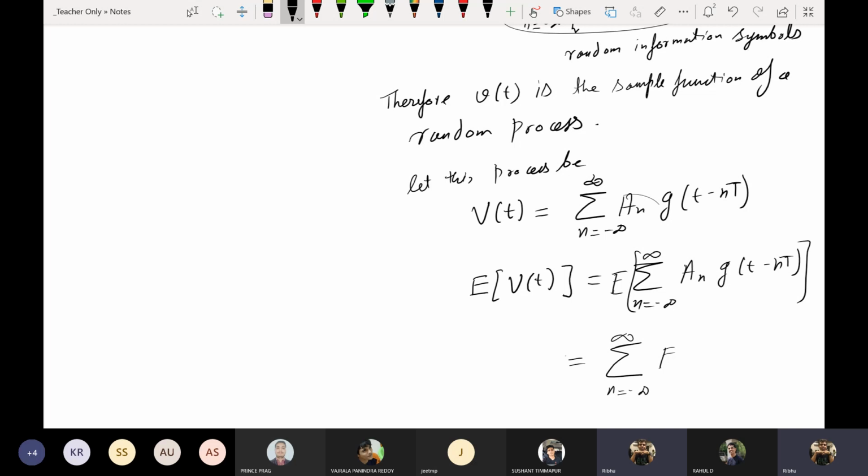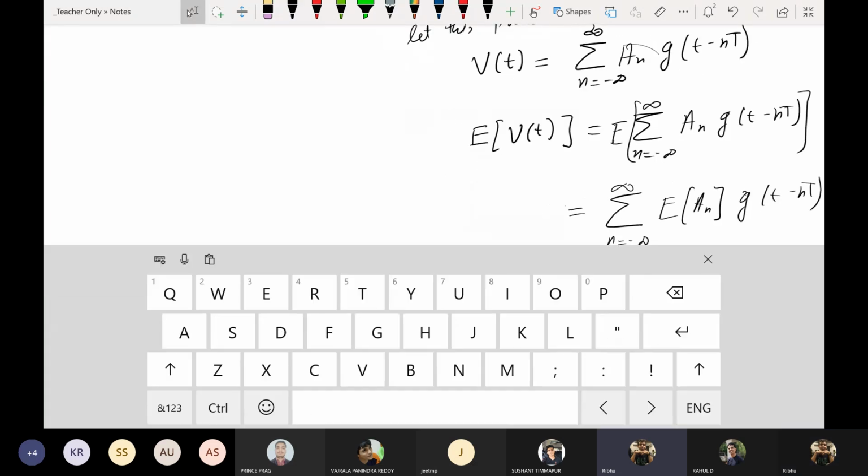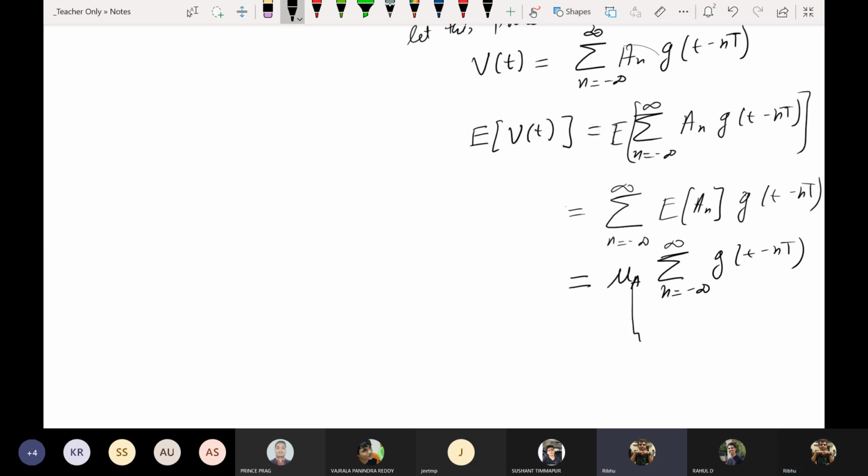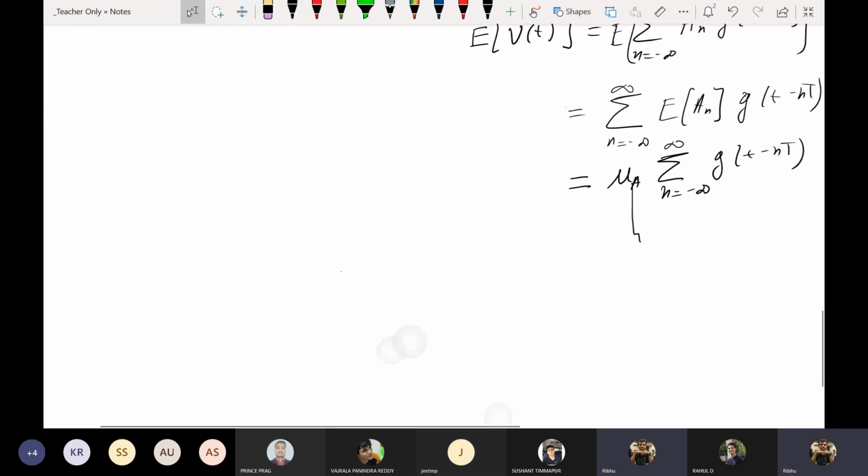The expectation of the sum from minus infinity to infinity of A_n g(t minus nT) equals the sum of E[A_n] g(t minus nT). So μ_A is the mean, the mean value of the constellation, and this is a constant.